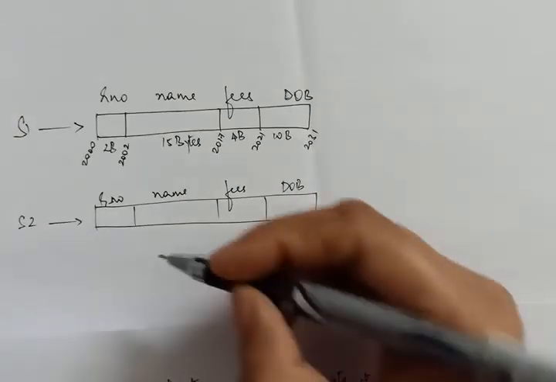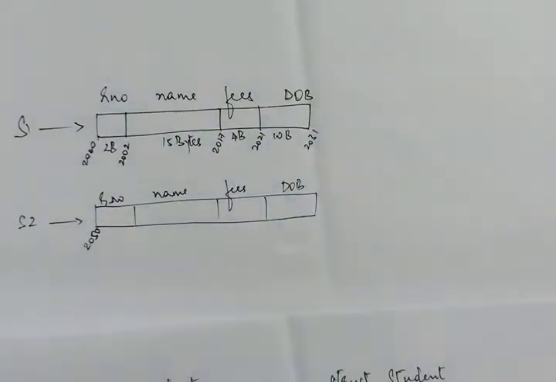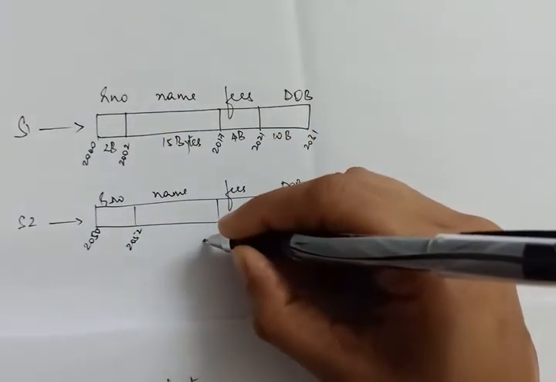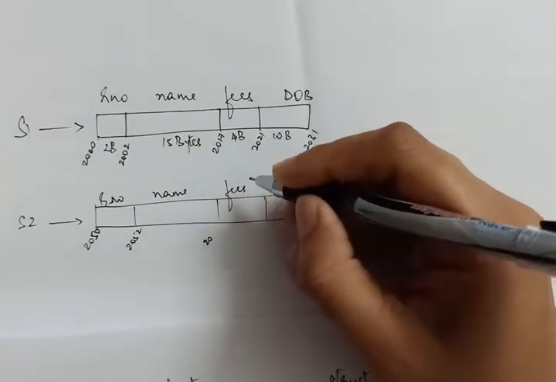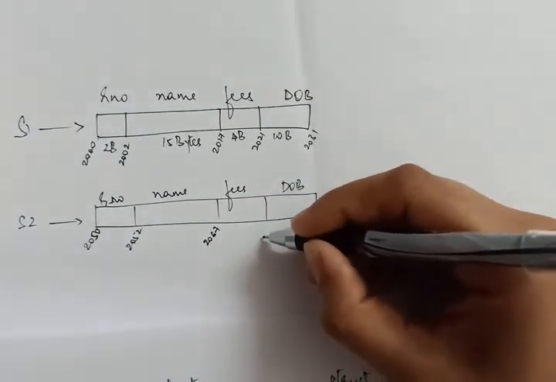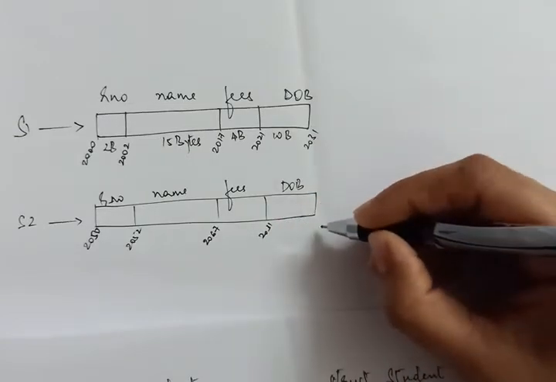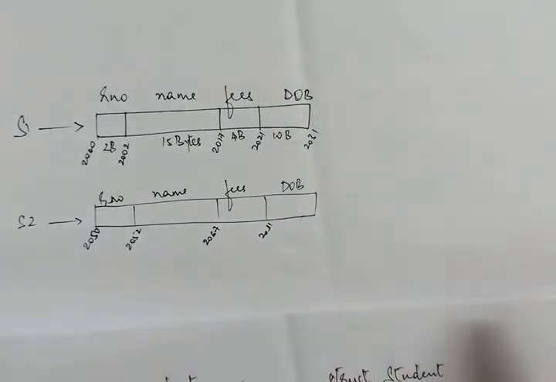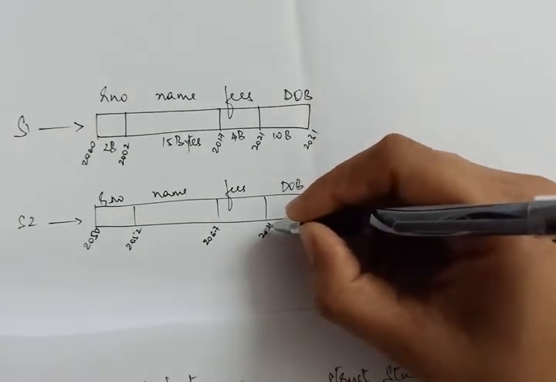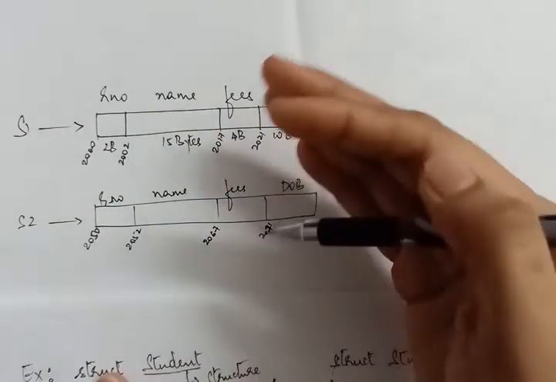Suppose this is at location 2050, then 2052, 2067, and so on. So the locations are different.